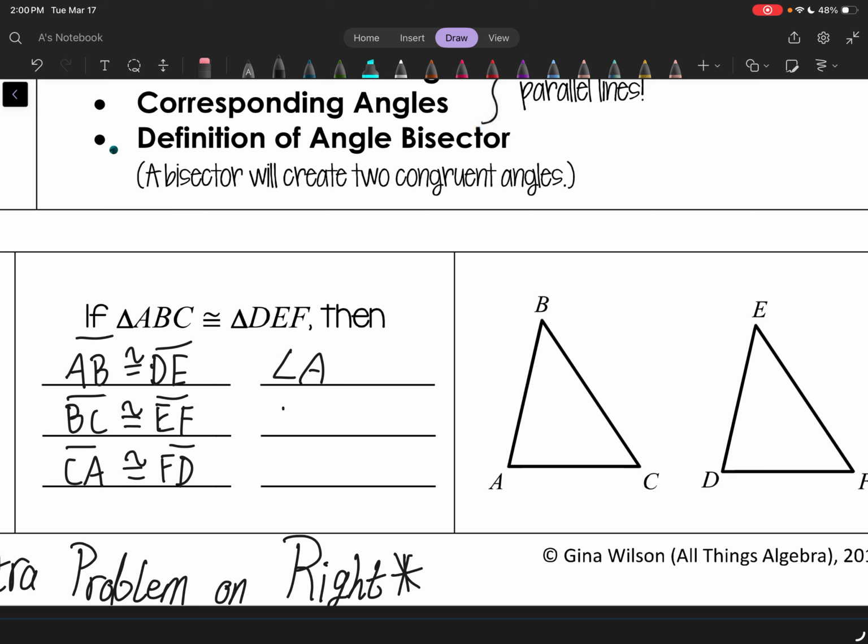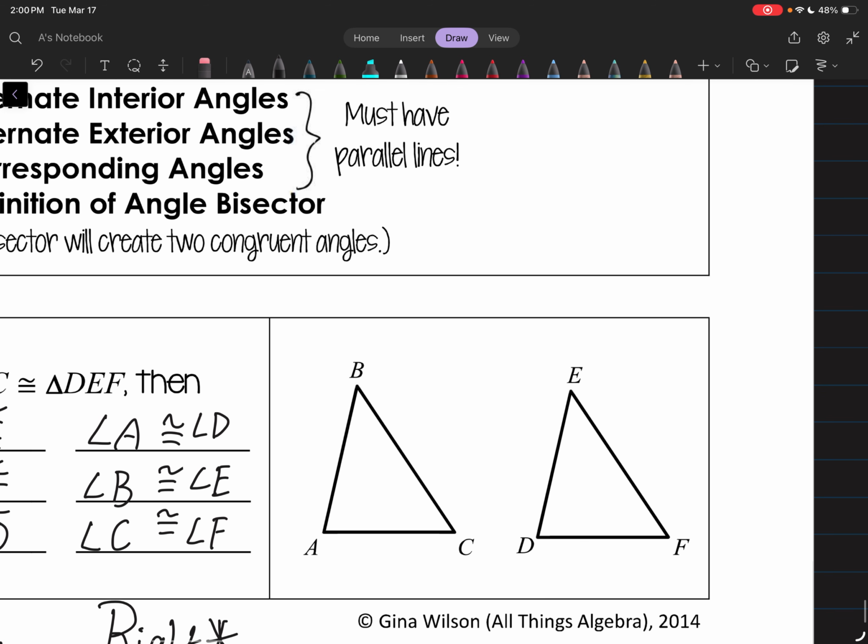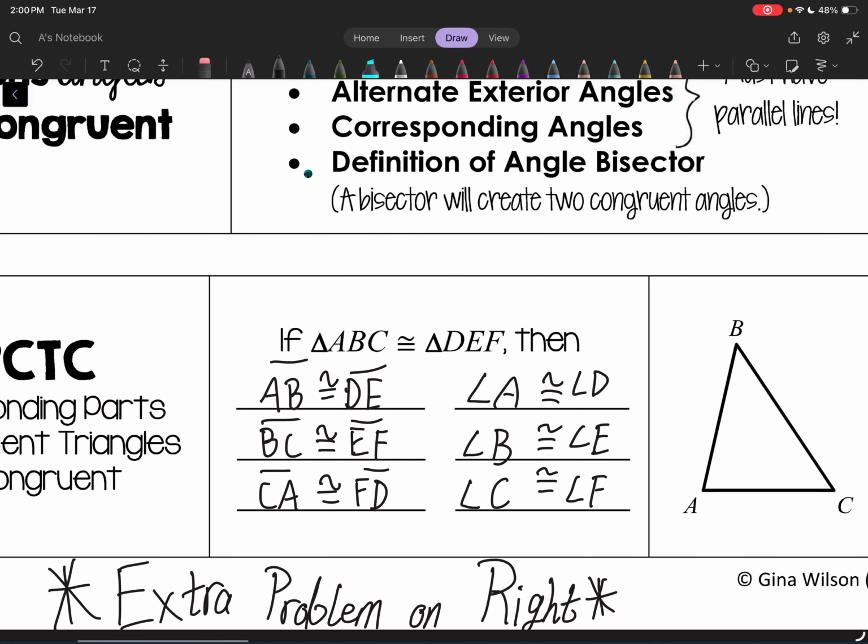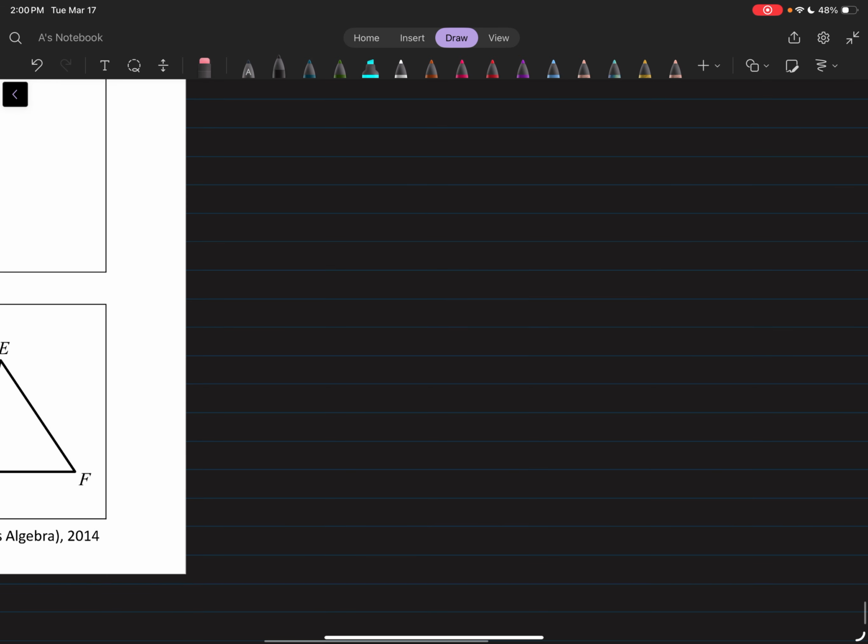Angles A, B, and C are congruent to angles D, E, and F. If you want to fill out the triangle on the right, you're more than welcome to. I have one more problem to look at, and then we'll be done.